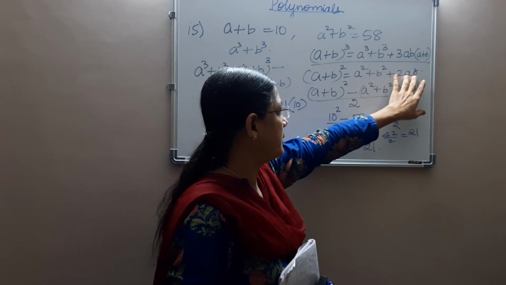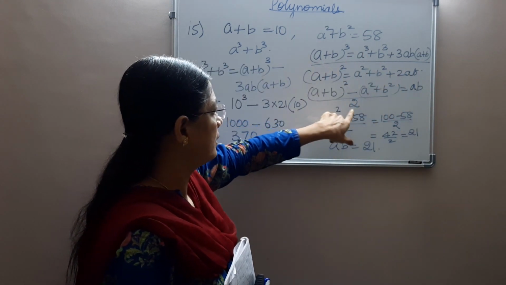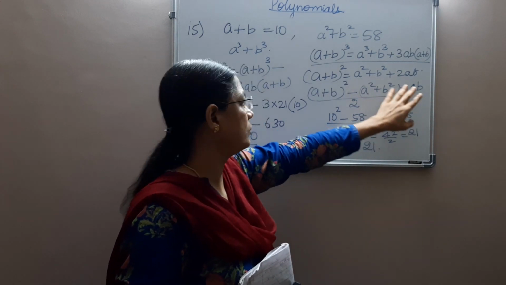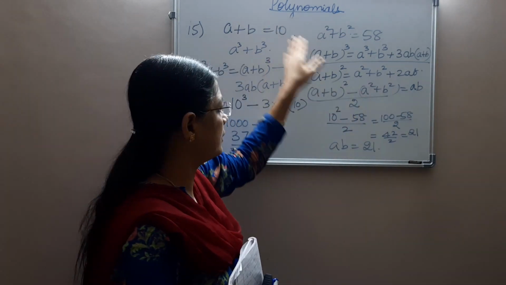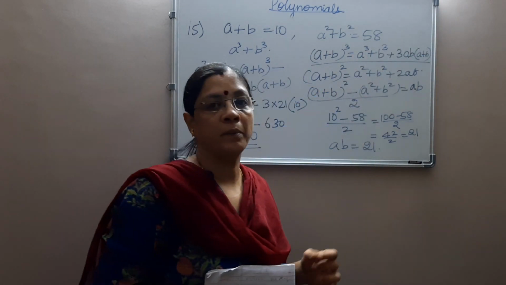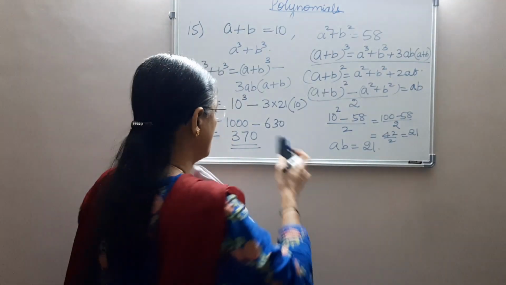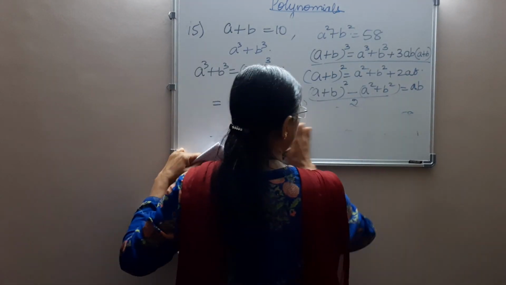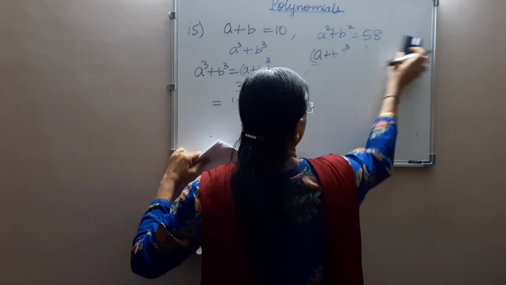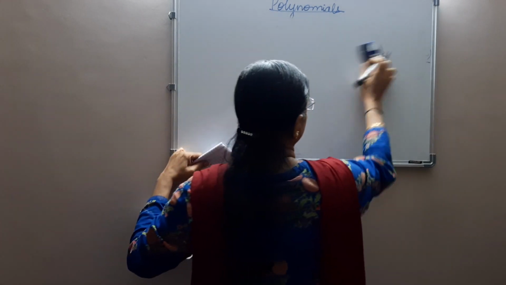So you need ab, therefore bring a squared plus b squared and 2 to this side. So you get ab. Now these values are known, which are given. So substitute and find the value of ab, and put the value of ab and a plus b in the formula. You get the answer. You understand? So that is how we simplify and get the required answer.